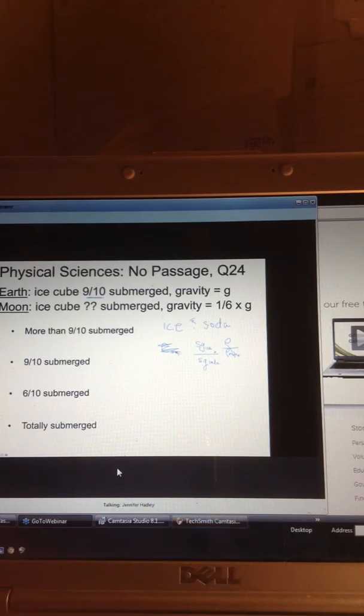So specific gravity less than 1 means it's less dense than water. Specific gravity greater than 1 means it's more dense than water. And the formula for how much something floats, so percent submerged, equals the ratio of its specific gravity to whatever it's floating in.